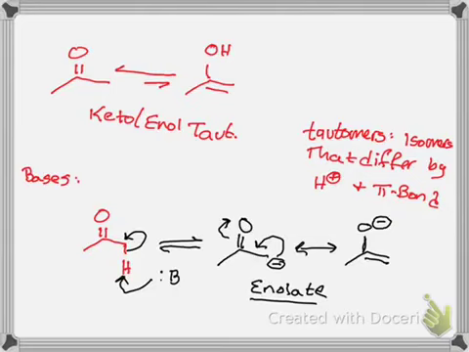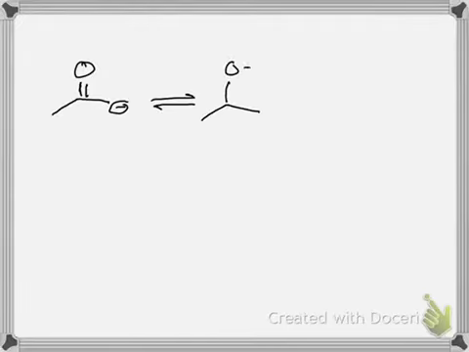Now, in the enolate system, this is where the book and I are going to have a pretty severe disagreement. What you need to know about the enolate, and we will talk about the kind of bases, how they form, what the ratio is, etc., is if you look at the enol and the enolate, and remember these are resonance forms of each other, then you can draw a resonance hybrid.